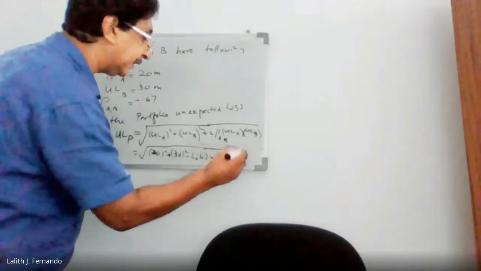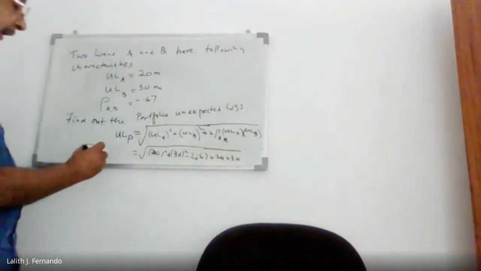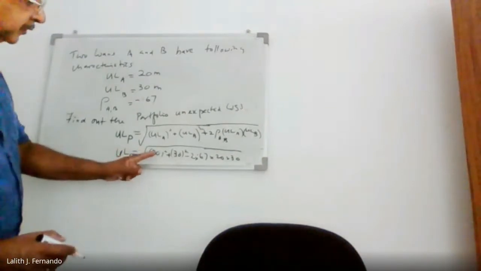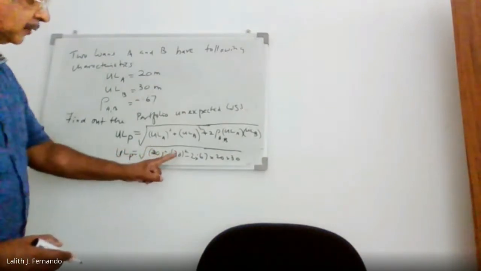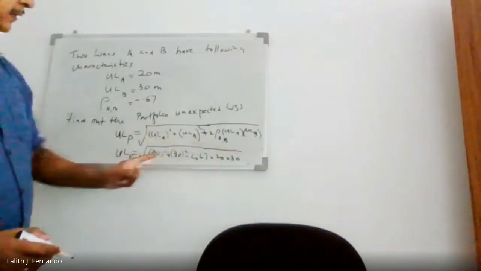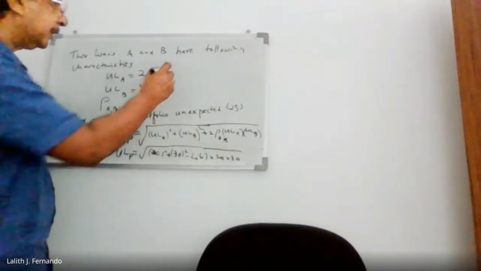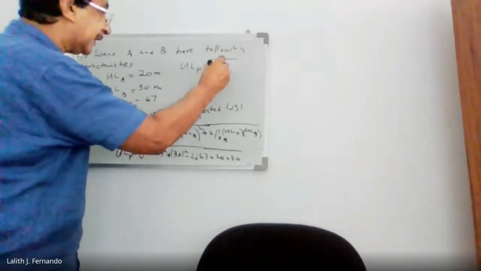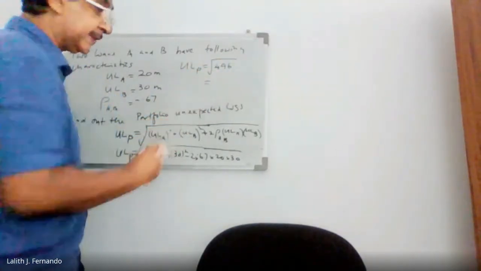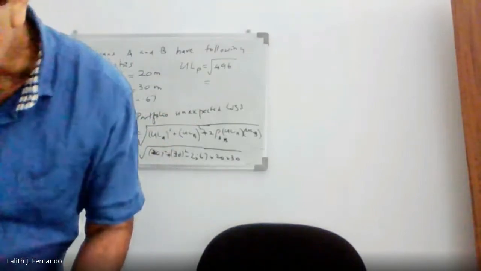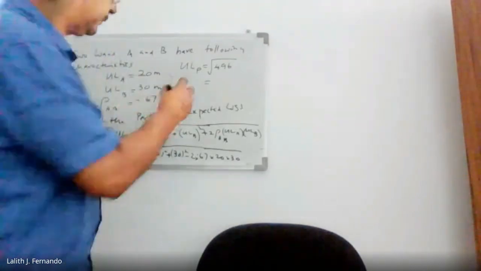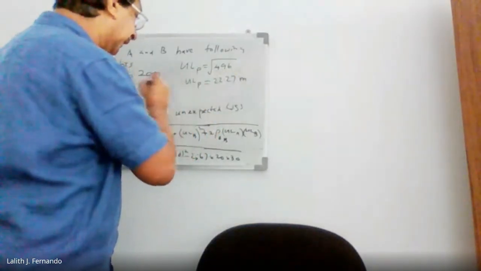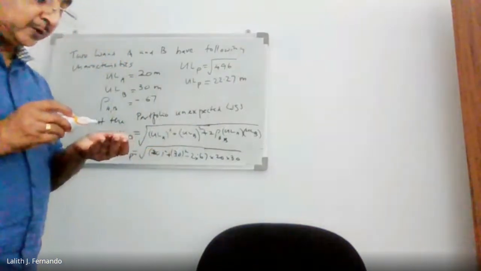So this is the value; ULP is the square root of this. Now when you calculate it, this will become 400, this will become 900, and with that you get the answer as ULP is equal to square root of 496, and the answer is 22.27. That is in millions, right? This is the unexpected loss for the portfolio.